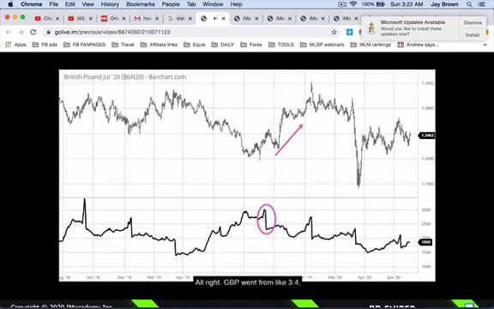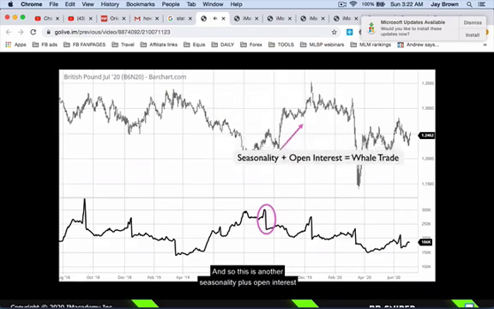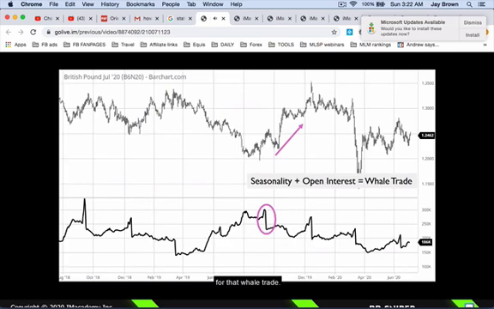GBP went from like 3.4 all the way down to 1.2. So over 1,000 pips in there, something like that. So the market was really ready to reverse. And so this is another seasonality plus open interest for that whale trade.